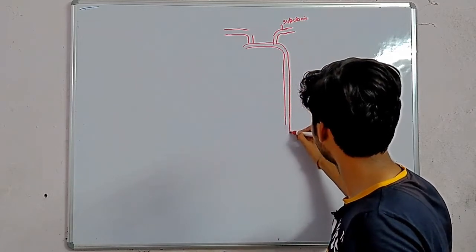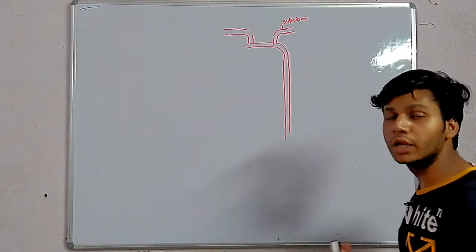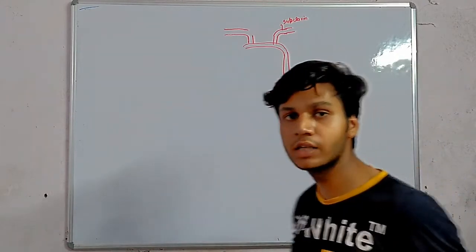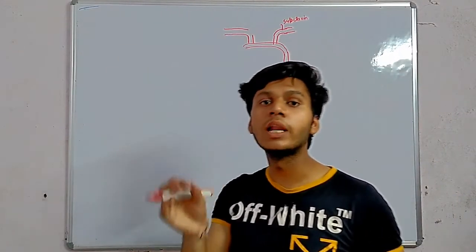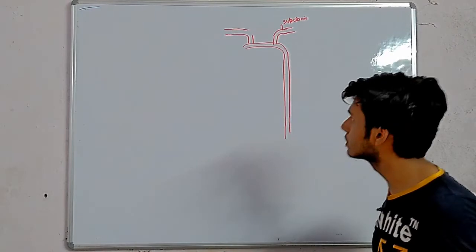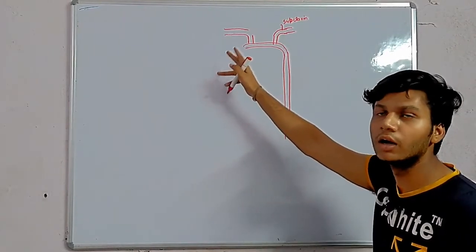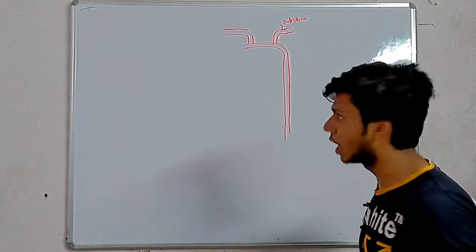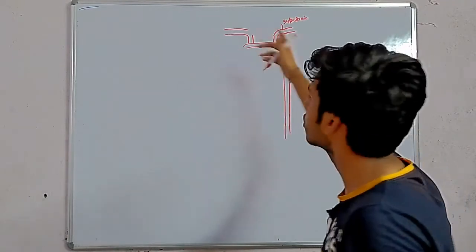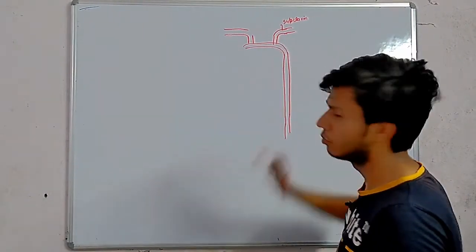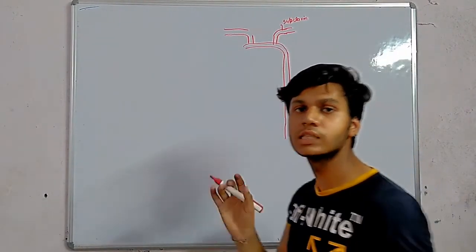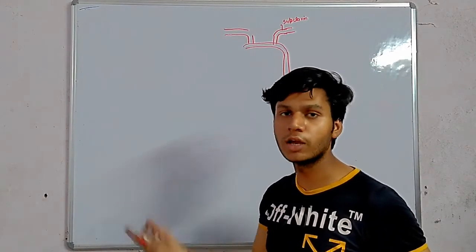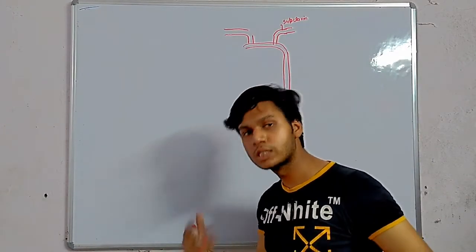It gives posterior intercostal arteries in the 3rd to 11th intercostal spaces. The first two intercostal spaces are supplied by a branch of the costocervical artery, which is a branch of the subclavian artery.